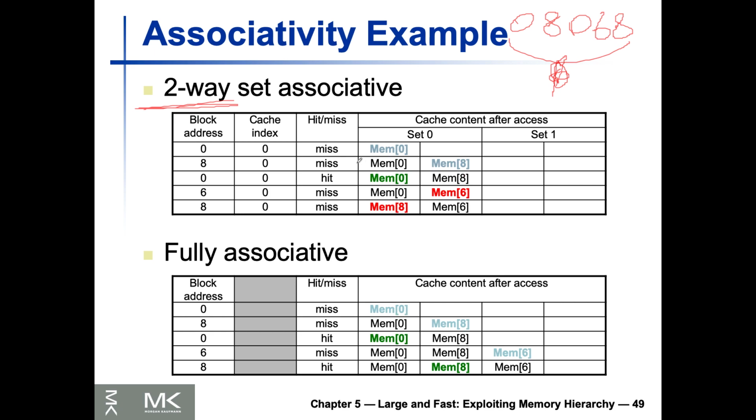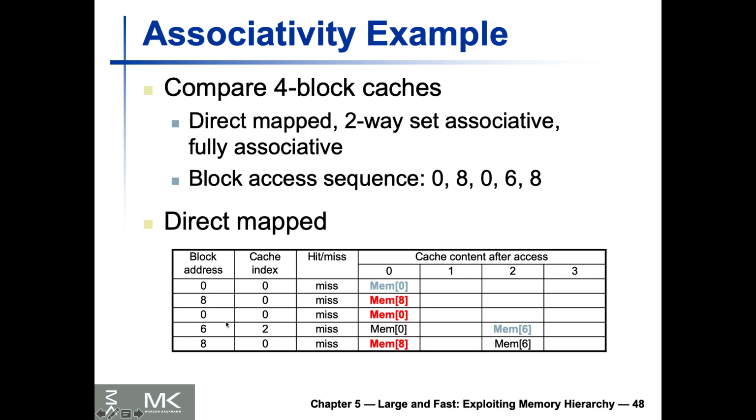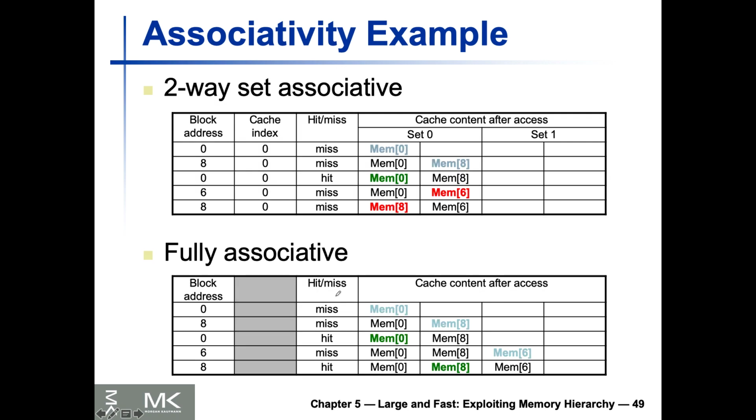So in this case, assuming that this one was there, just like the previous example, 0, 0 was there. So instead of 5 misses, we have 4 misses, because we have a choice of which entry in a set to replace on a miss.